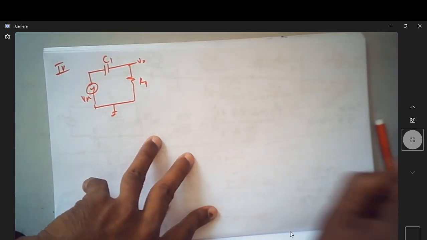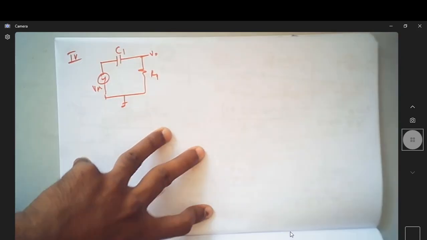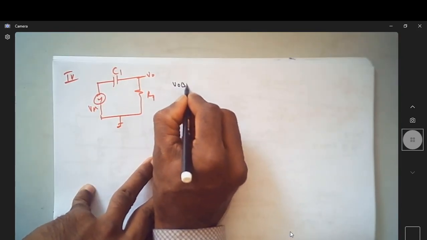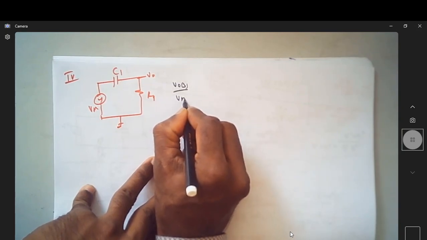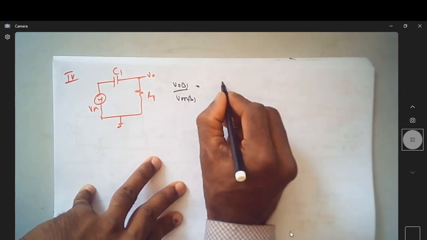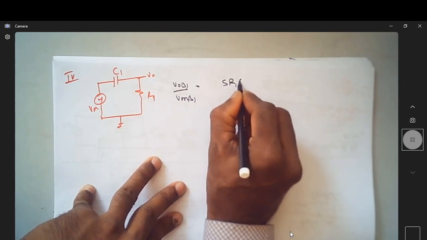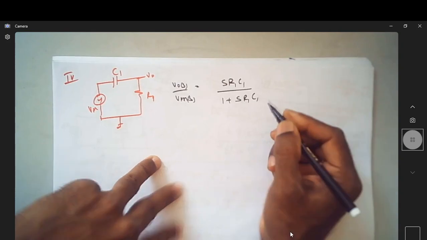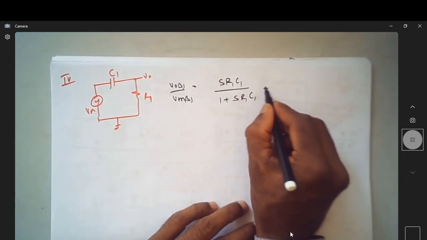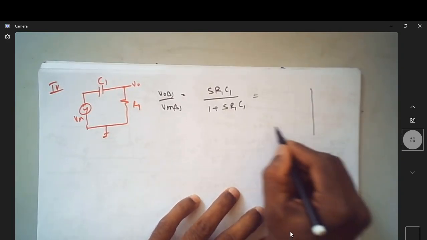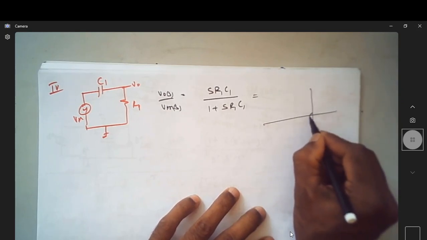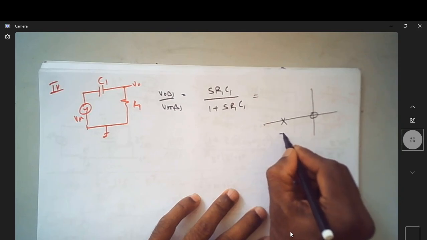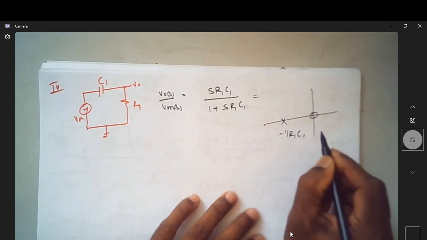If you find the transfer function of this, as you already know, V0 of S by V in of S is equal to S R1 C1 by 1 plus S R1 C1. From this, it is very clear that in the S-plane representation it has a 0 at origin and a pole at minus 1 over R1 C1.